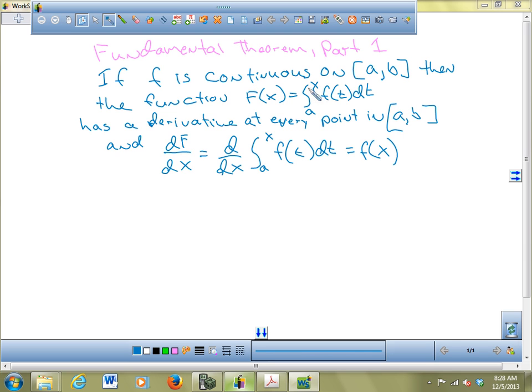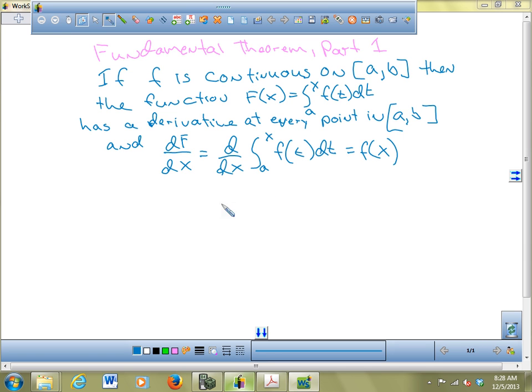And then if I take the derivative of the integral, I get out the original function, which is kind of weird. Okay, but I get out this is the antiderivative evaluated at x.